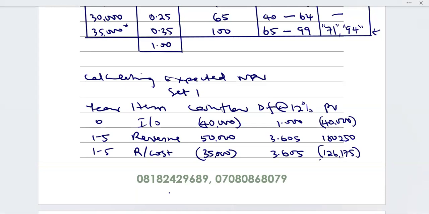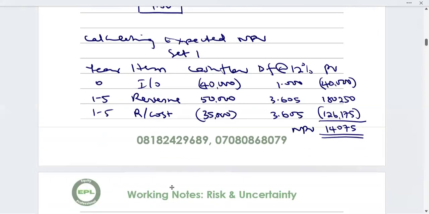The final answer: that's the NPV for set 1. So plus 40,000 minus 180,250, 14,075. That's the NPV of set 1.